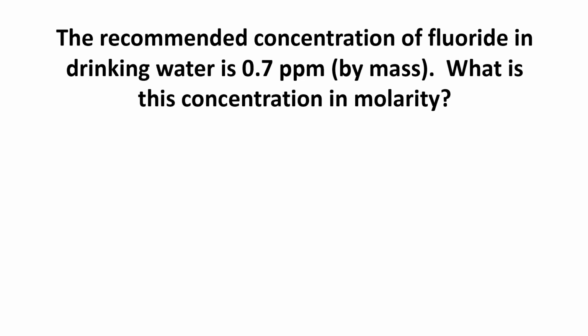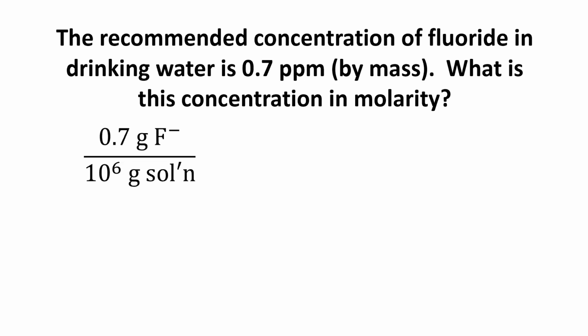We're going to write out what our original concentration is, numerator and denominator, and then look at what units we're trying to convert it into at the end of the day, numerator and denominator. So 0.7 ppm means there's 0.7 grams of fluoride for every million, so that's 10 to the 6th grams of our whole solution.